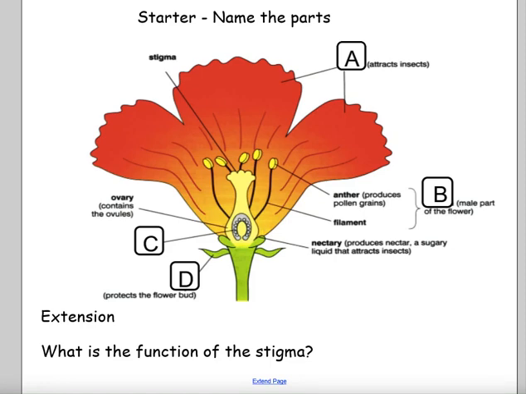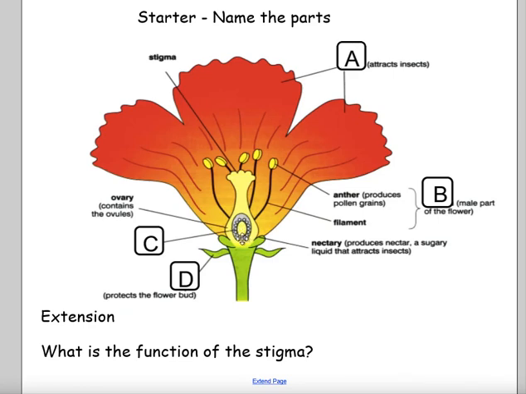Recap from last lesson then. So A to D in your book quickly. Can you look at these parts and name them? So we've got A, this outer part, usually colourful to attract insects. What did we call that? B is made up of the anther and the filament. So what do we call that male part of the plant made up of those two bits? C is this bit here. So what is this base bit of the plant called?